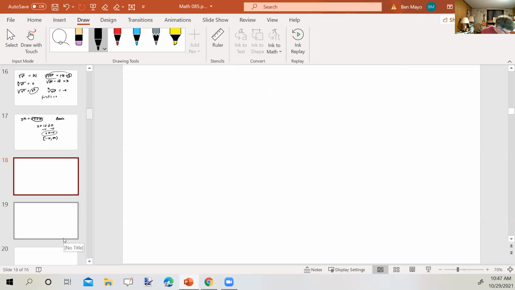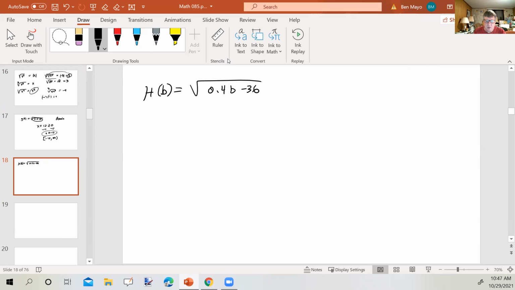Let's see here. H of b equals the square root of 0.4b minus 36. So we're taking an even root. So 0.4b minus 36 has to be greater than or equal to 0. Okay. Solving for b, we're going to add 36 to both sides.